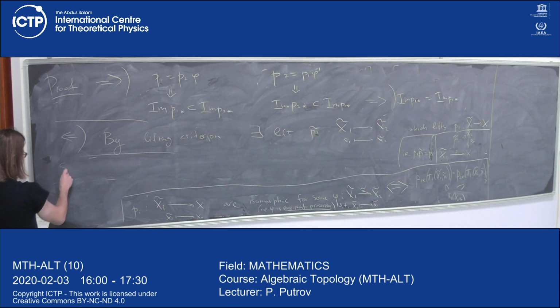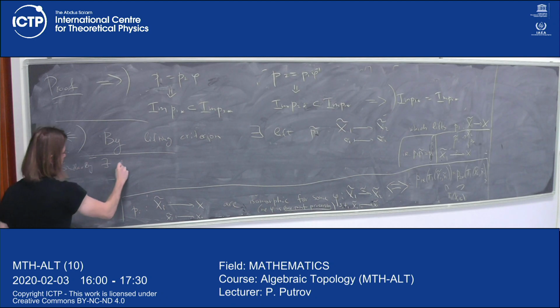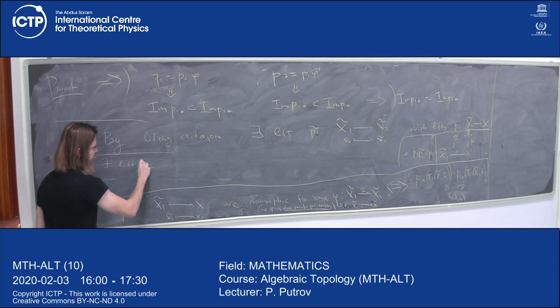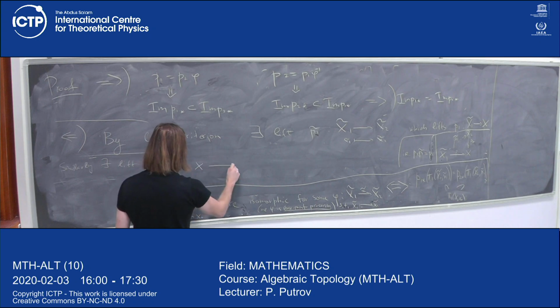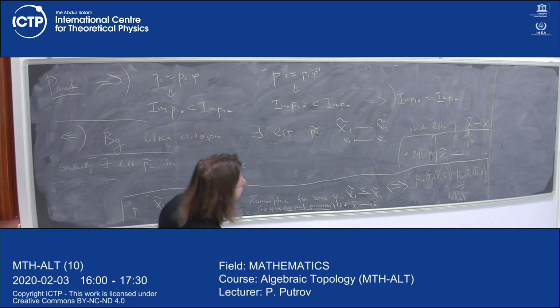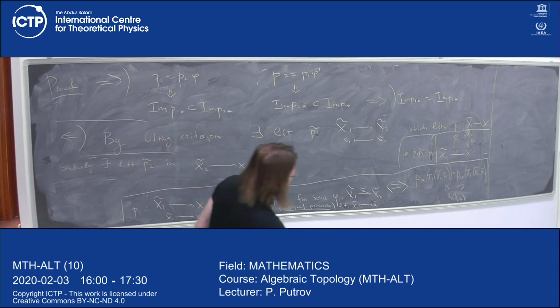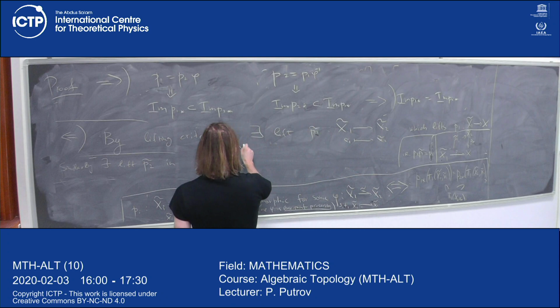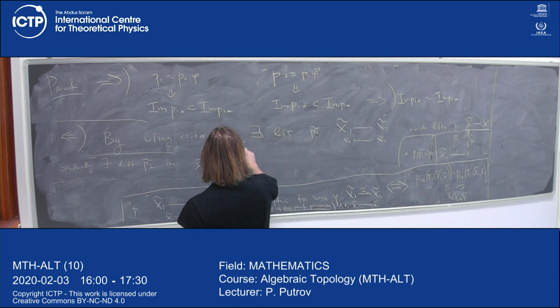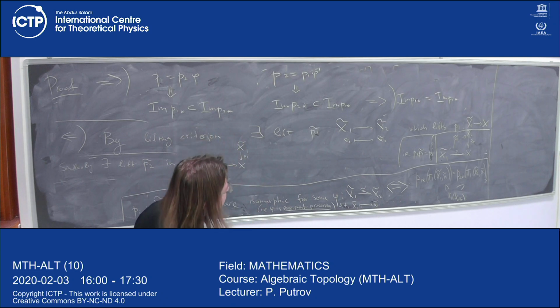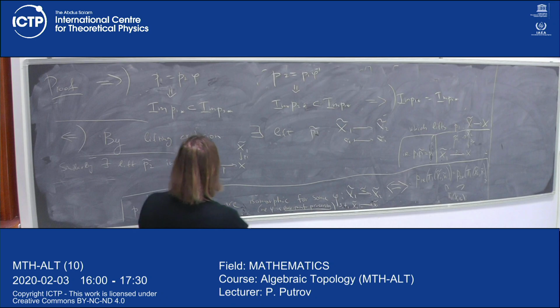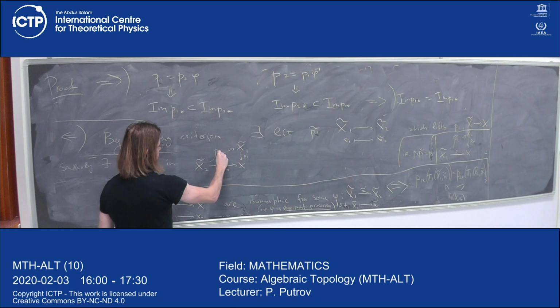And similarly, there exists a lift p2 tilde in this diagram. I just swap 1 and 2 here: a map from X2 tilde, with p2 and p1.